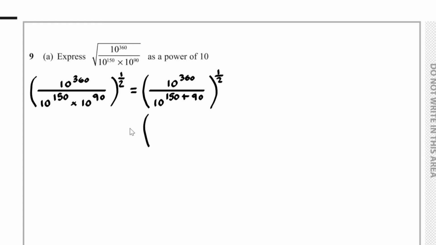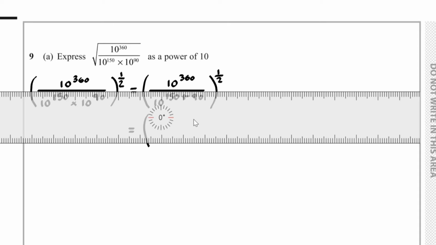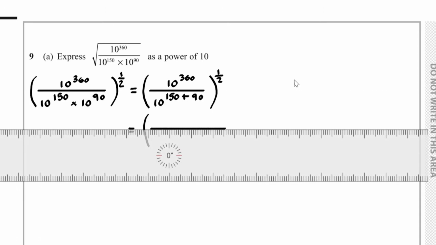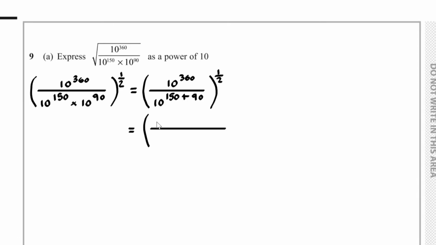So on the top I've got 10 to the 360, and on the bottom I have 10 to the 240, and this is being raised to the power of 1/2.